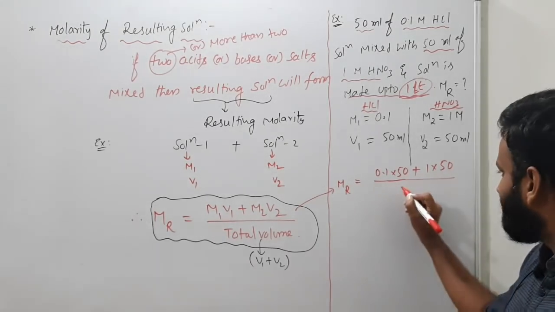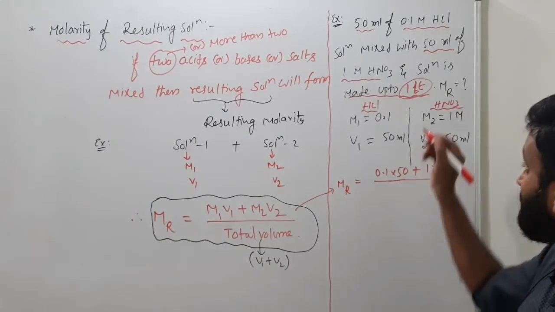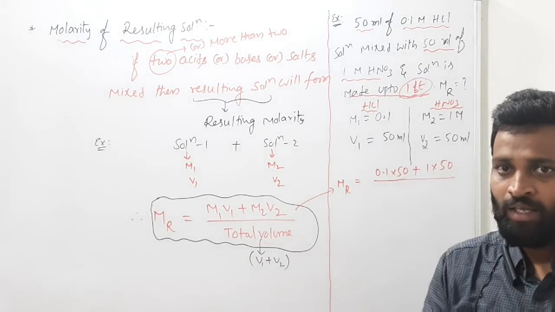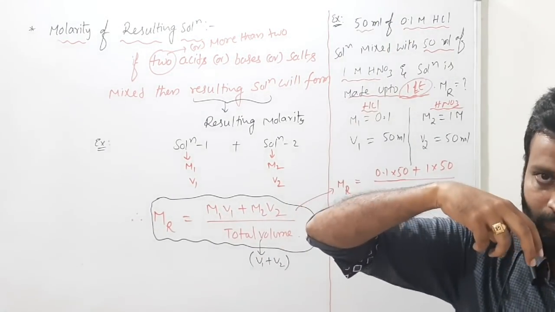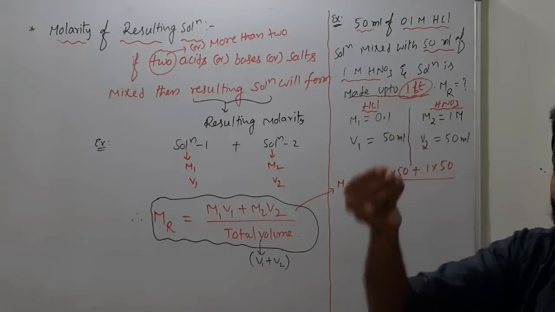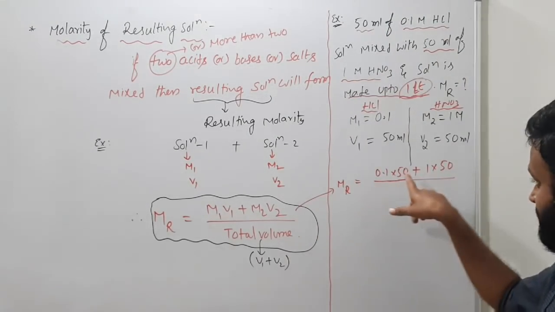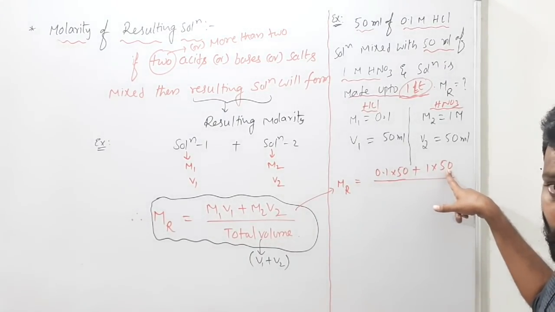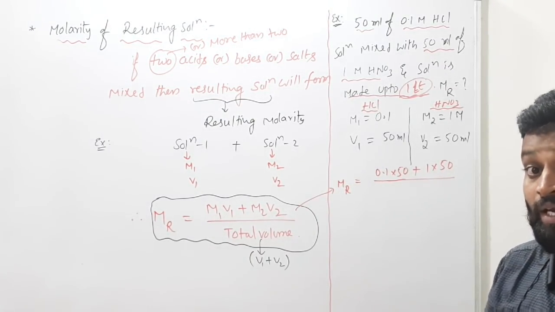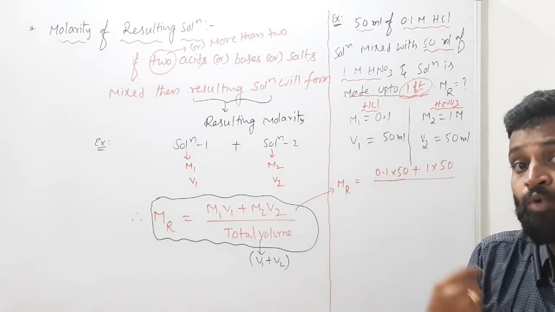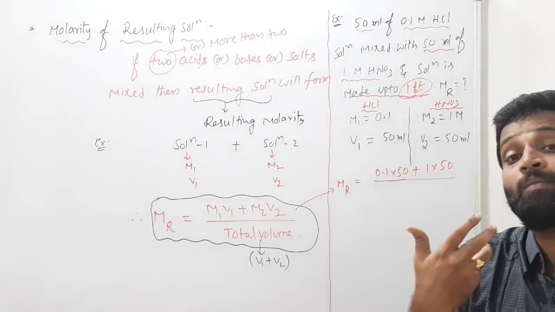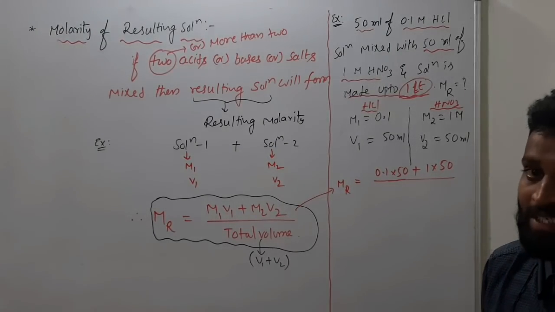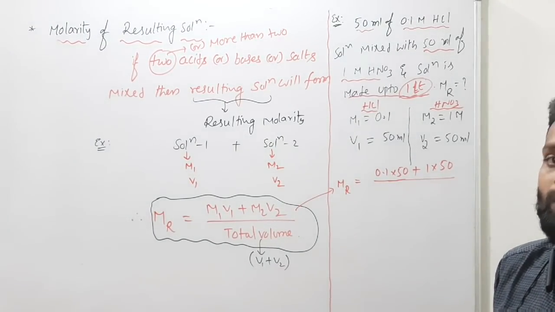But the solution is made up to 1 liter, meaning excess water is added. Here 50 and 50, total 100 ml of solution, but they made it up to 1 liter, so 900 ml of water was added.